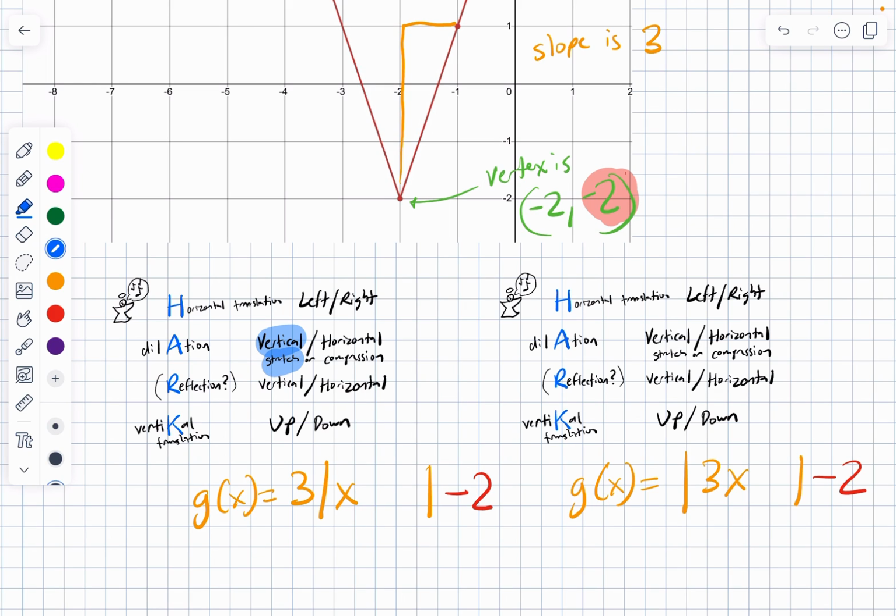So it's just being pulled up. That's not going to affect it horizontally. So I could just say that it went to the left 2. So how would I do that? It'd be +2.